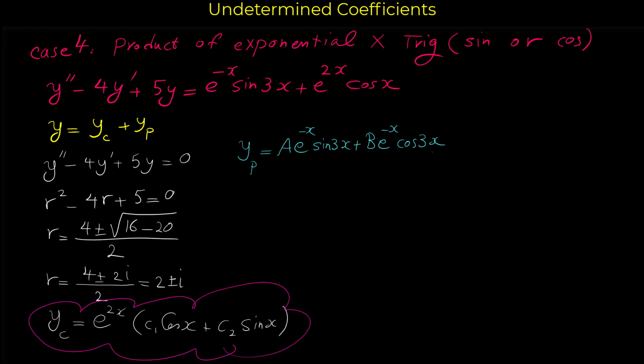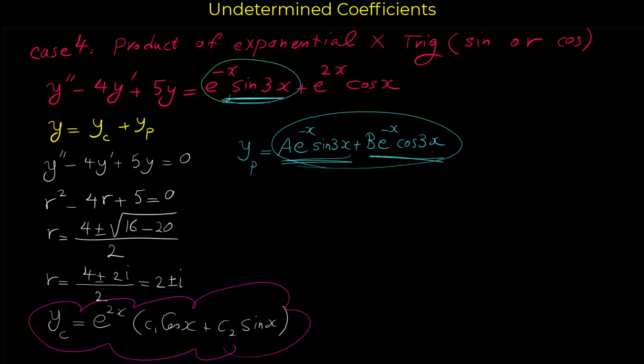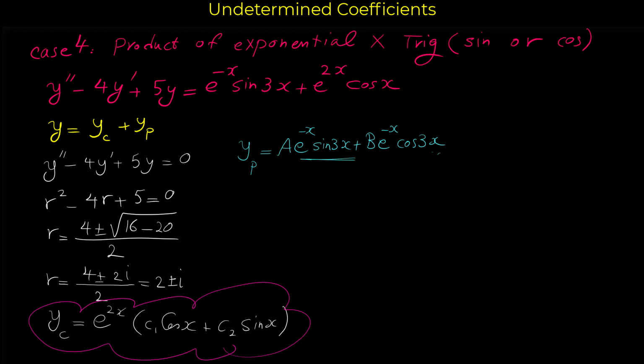So in writing the particular solution, we put both of them. It doesn't matter that we have only sine here. Always, when we have sine or cosine in our non-homogeneous differential equation, when we write the particular solution, we have to put both the sine and cosine function in the particular solution.